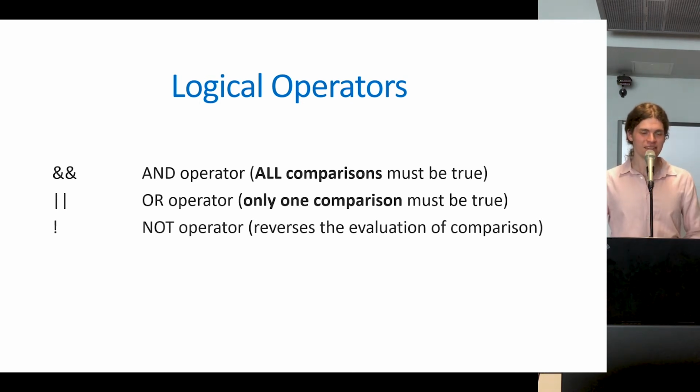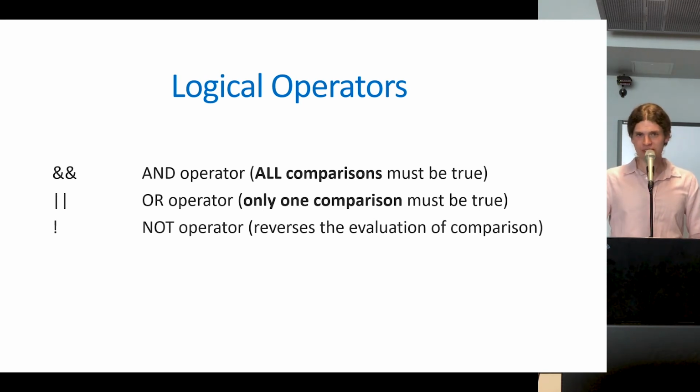If you use two of those ampersands in between two separate comparisons, that would require all of the comparisons to be true in order to execute the code in the if statement. Okay, or if you have more than 2 comparisons, it would require all of them to be true. So you could potentially chain even more, 3, 4, 5, 6, however many you require.